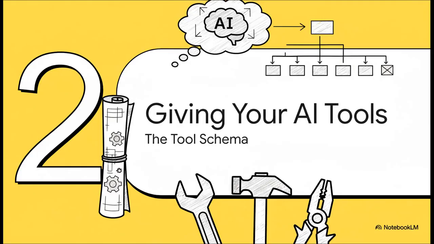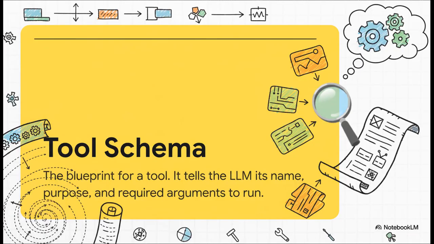Okay, so how do we actually give our AI these tools? It all starts with teaching the model what its tools are and exactly how to use them. It all comes down to a blueprint. Let's check it out. The secret sauce here is something called a tool schema. Seriously, just think of it like an instruction manual that you hand over to the LLM for each and every tool you create. It tells the model everything it needs to know to call your code successfully.